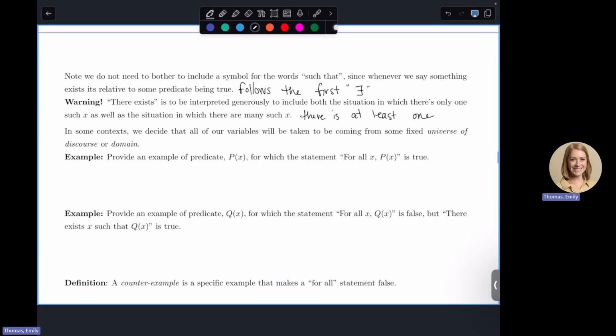You don't even have to use numbers, you could use people. So for all x in R, x times 0 equals 0. Good.